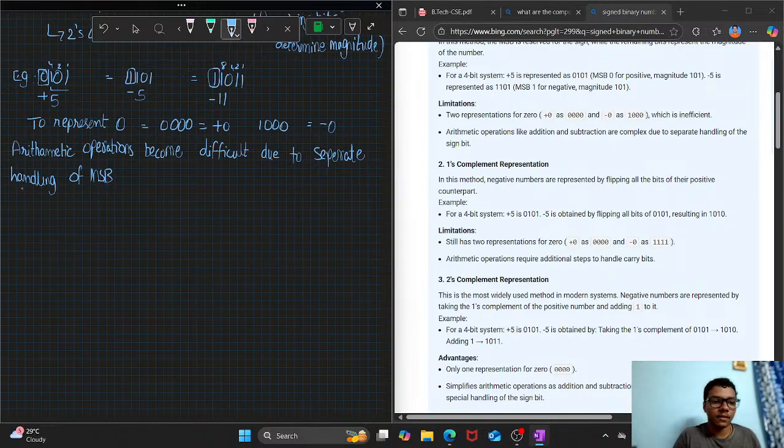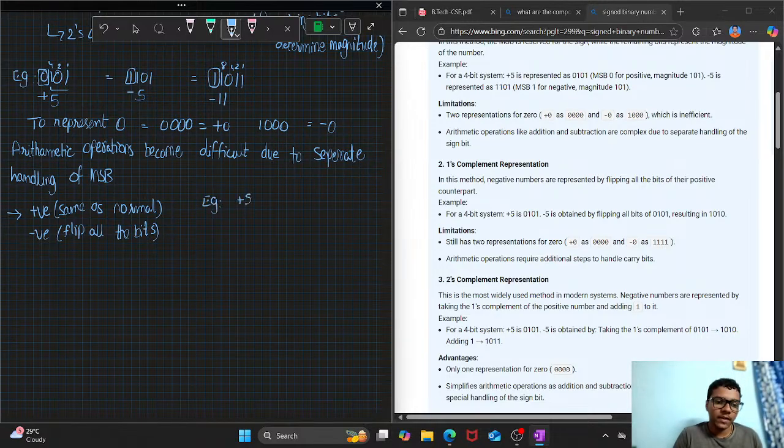And now let's look at the one's complement method. Positive, same as normal. Negative, how do you do it? Flip all the bits. That's it. So for example, plus 5 is what? 1, 0, 1. Or 0, 1, 0, 1. Right?